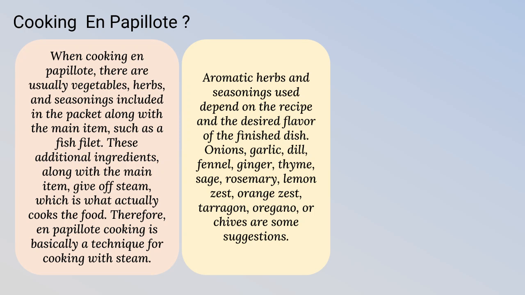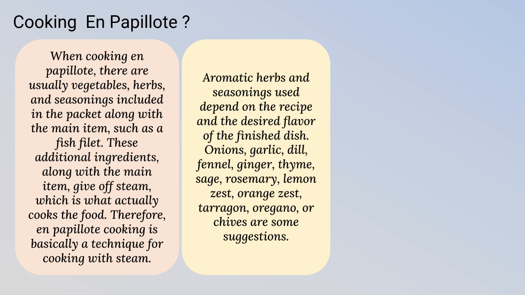What next? The aromatic herbs and seasoning used depend on the recipe. It is not fixed that these are the herbs to be used. Depending on the recipe it will change, and on the desired flavor you want from the finished dish.